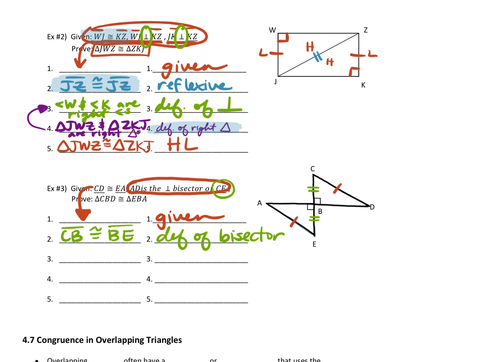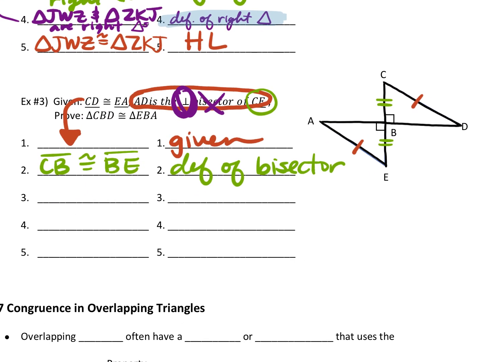What else do we know? So we used this. What about this? What about that perpendicular? What does that tell us? Before right triangles, they're right angles, right?